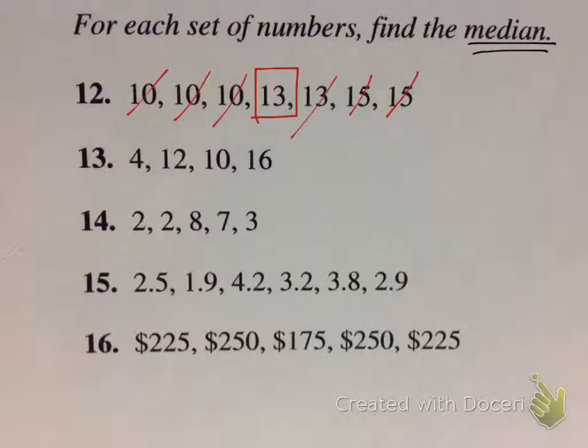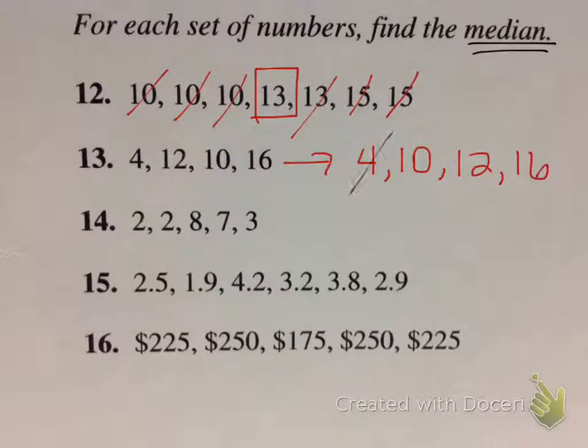So what happens if in a data set you have an even number of data points? Here we had an odd number, so we knew that there would be a middle. But if you look at another example, such as the one right below it, number 13, there's only 4 data pieces. The first thing you would have to do is rewrite it and make sure everything's in order. So we would rewrite this as 4, 10, 12, and 16.